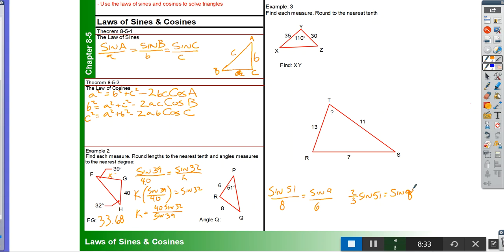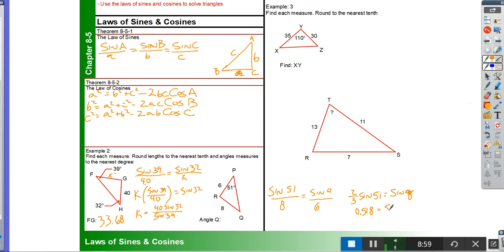So the sine of 51 is 0.777. I'm going to multiply it by 2/3, which gives me 0.518. And then I'll also write this down in case I make a mistake entering in my calculator.